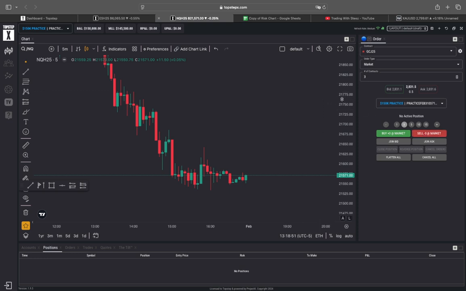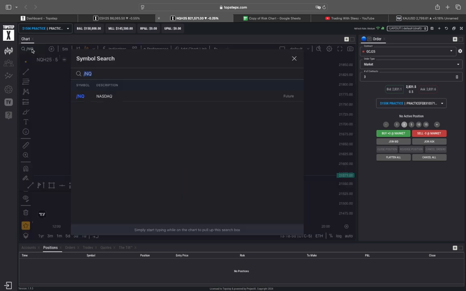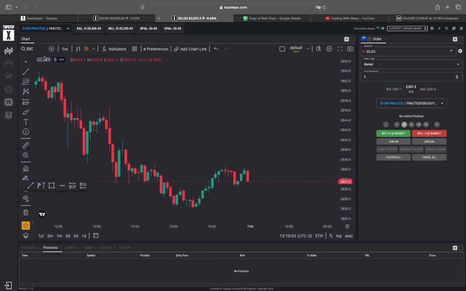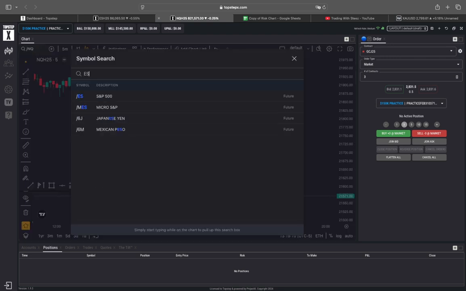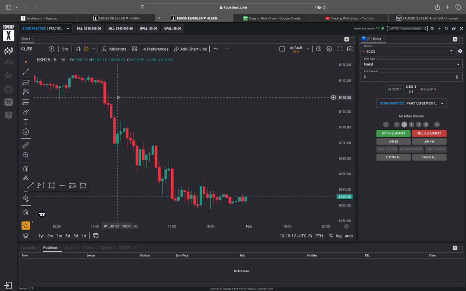And once you're in the trade, you want to then make sure you change your chart here. Go to GC for gold. You hit gold. For NASDAQ, you want to go NQ. And for S&P, you want to put ES for S&P 500.